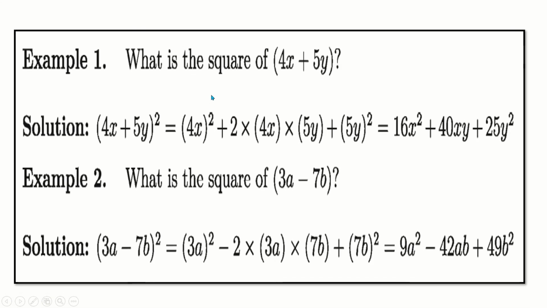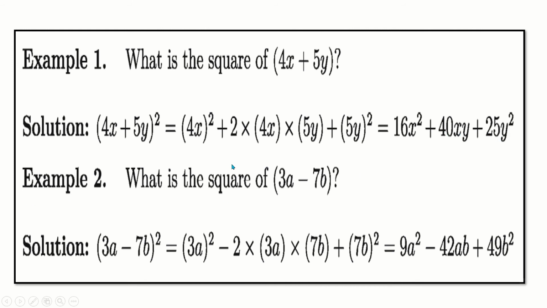By applying this formula, we can solve: what is the square of 4x plus 5y? 4x plus 5y whole square is equal to 4x whole square, that means A square, plus 2 into A, meaning 4x, into B, meaning 5y, plus 5y whole square, equal to 16x square plus 40xy plus 25y square. This is the required answer.